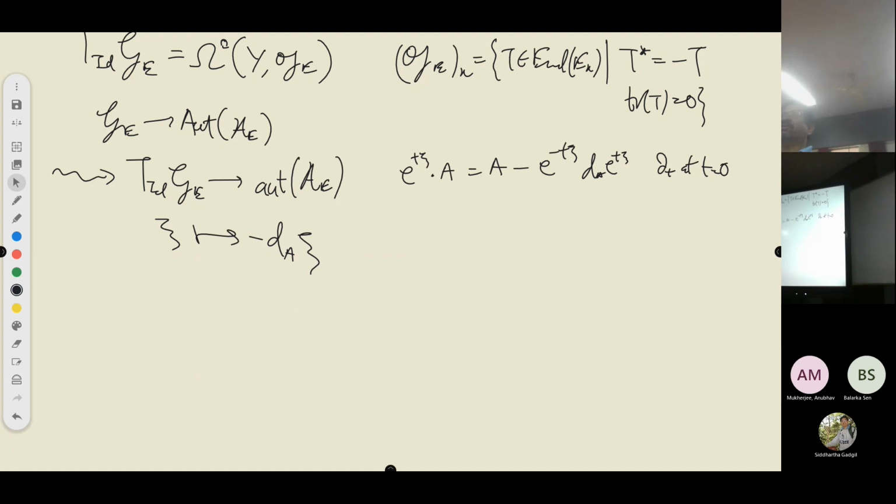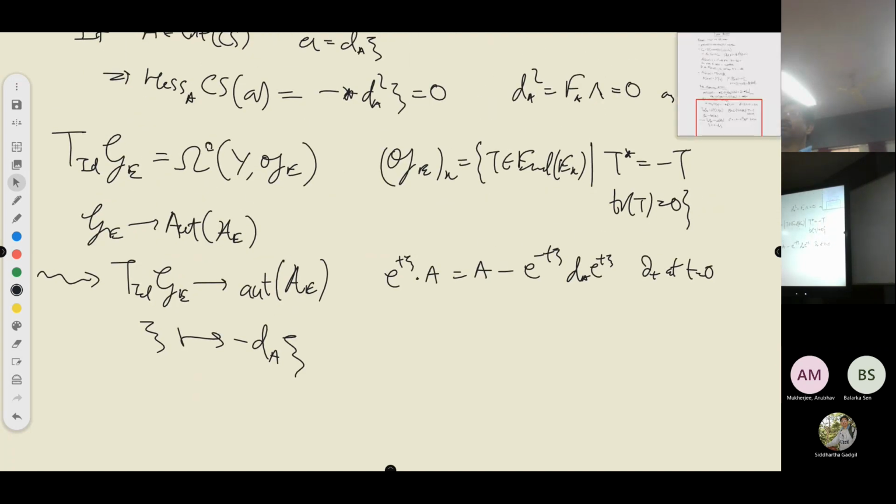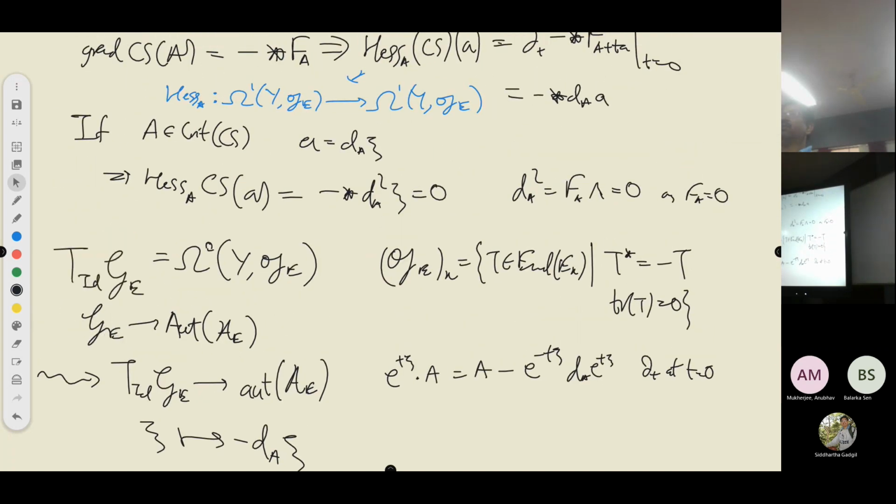Just to be a bit pedantic, but this Hessian, strictly speaking, should be a map from one forms taking values in g_E to one forms taking values in the dual of g_E, right? Yes. Because it's SU(2), you can identify the dual.